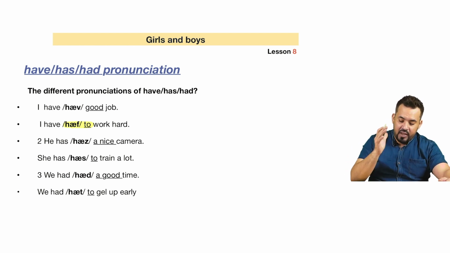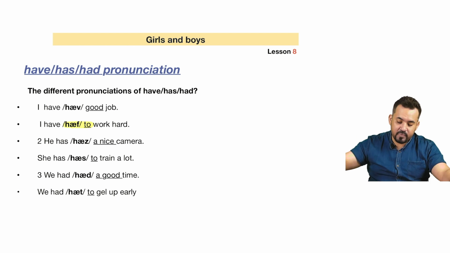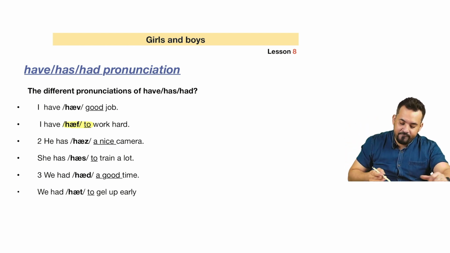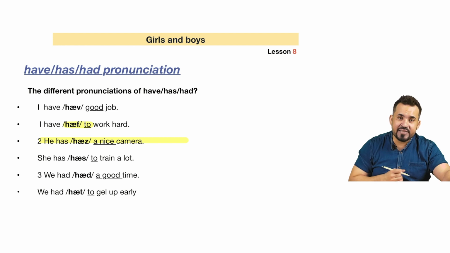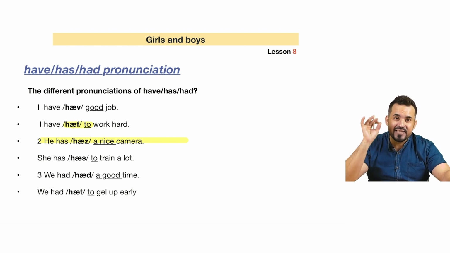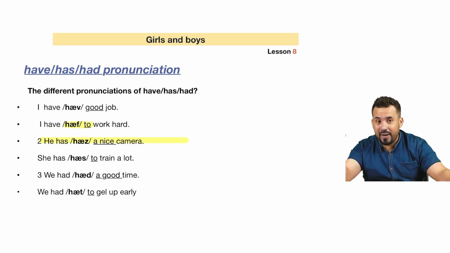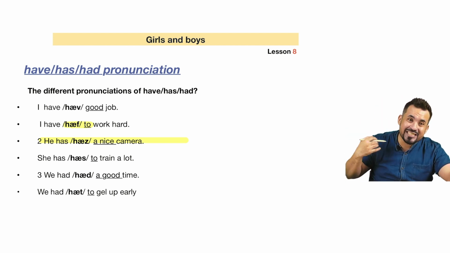Has, if it's on its own, we will say she has a nice camera. We will have a z sound, not an s sound. But if it's followed by to, it will have an s sound.